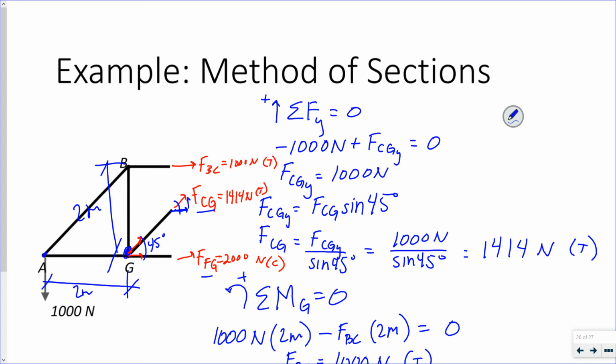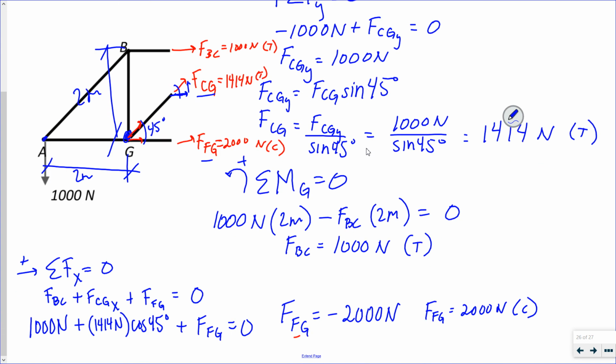I could make strategic cuts. We will do an example later, live, but this was just one example of dividing it into two sections. Obviously, I still have several members that I don't know the forces in.